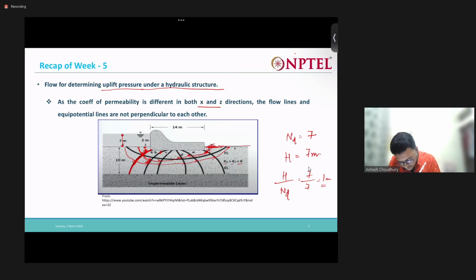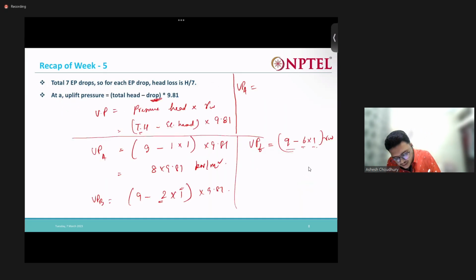So see, at point A here I have 7 meter as head, right? From 7 meter, 1 meter will be lost when I count from here to here, because one drop is happening, so my total head will be 7 minus 1 into 1.